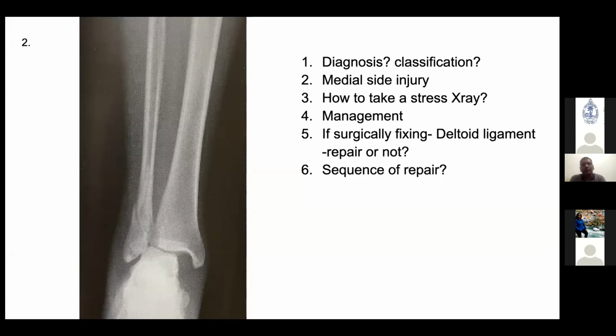External rotation of the foot. Yes, exactly. Just like the supination external rotation injury, you give a supination external rotation force and take an AP X-ray. Then coming to the management, how will you manage this case?